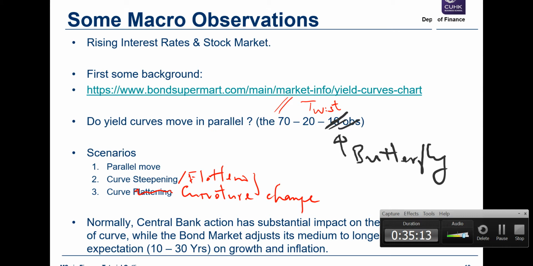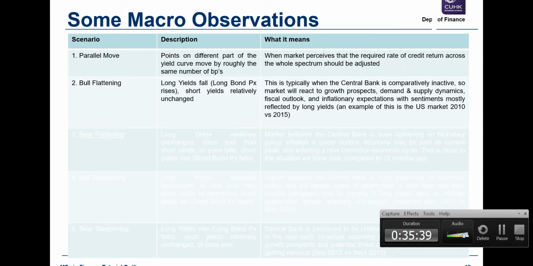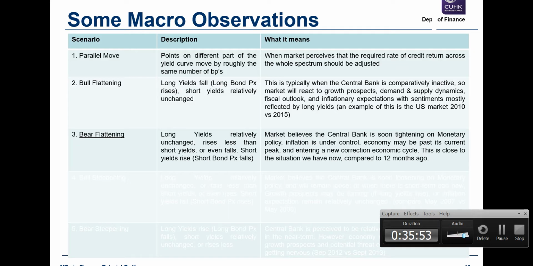I want to focus a little bit on the second type, which is steepening and flattening. Have you heard this in fixed income? If you have, I don't want to waste your time. Have you? No? Okay. So parallel move is rather boring, but it happens the most. Now, when you have flattening, a curve getting flatter, there is actually a distinction between what's called a bull flattening or a bear flattening.